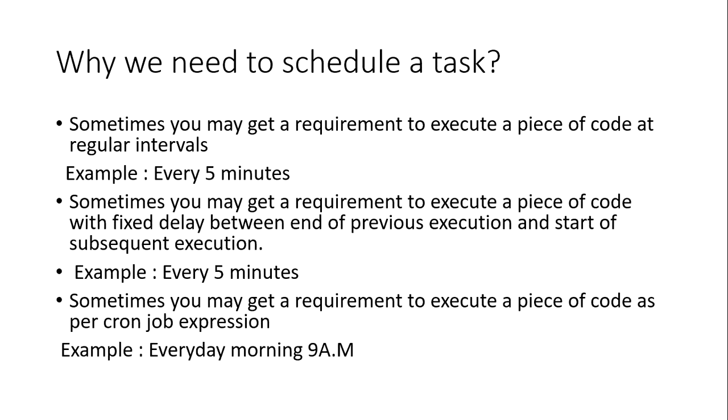Fixed delay means it will maintain a fixed delay between your previous execution and the next execution. And sometimes you may need to execute your business logic with the help of a cron job expression. For example, every day morning at 10 o'clock, you want to run your scheduled job. So you may have different types of requirements in real time.